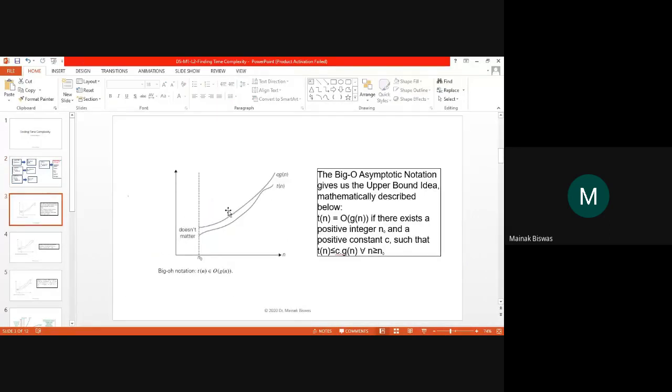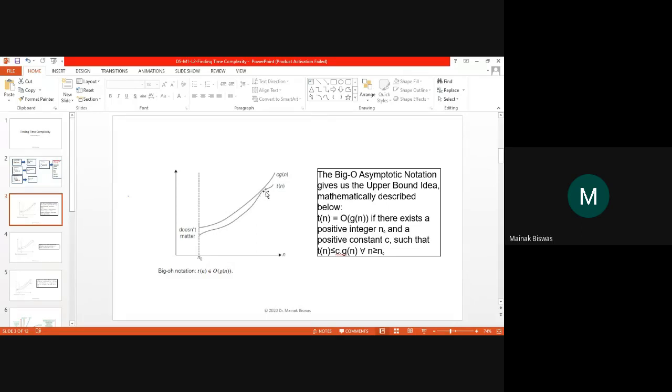So c times g(n) is that maximum, which I have defined, and T(n) is the actual time complexity of your algorithm.